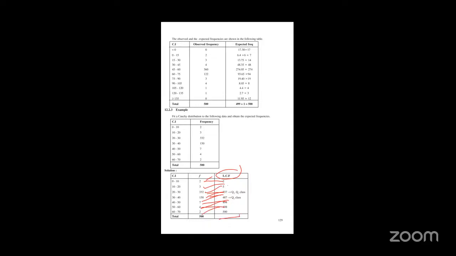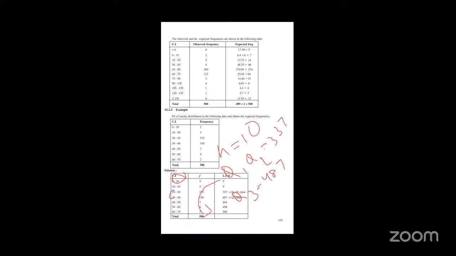From here, h is 10. Then Q1 and Q2 is 337 only, and Q3 is 487.